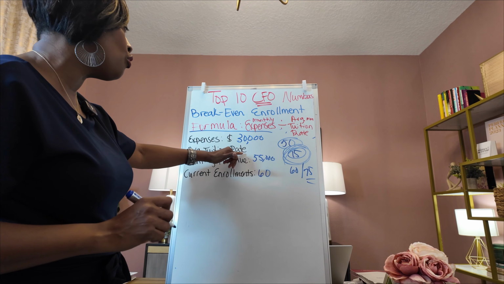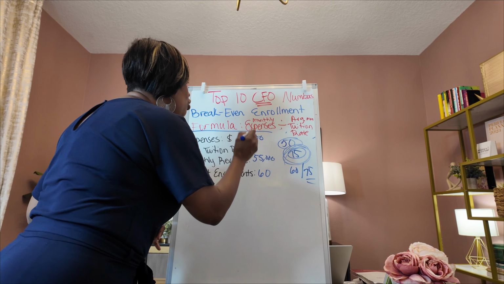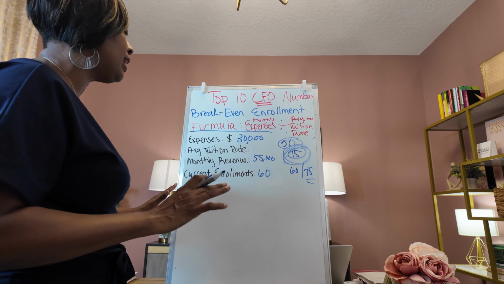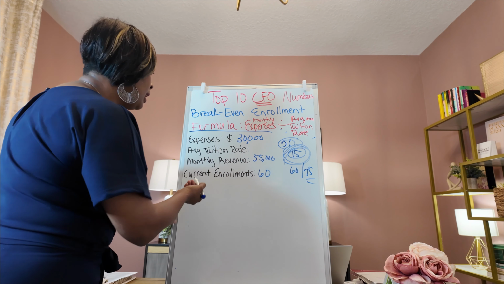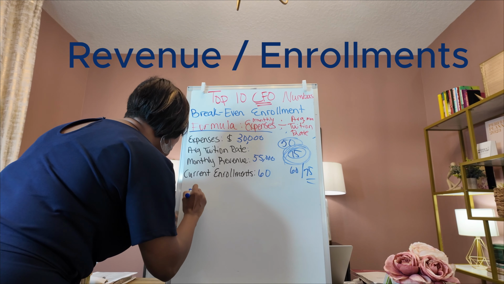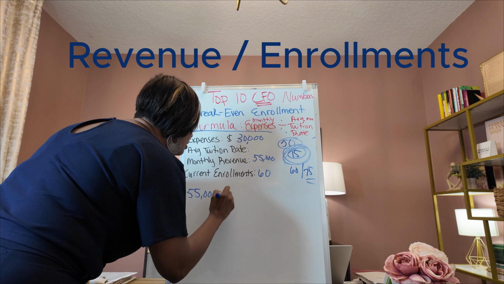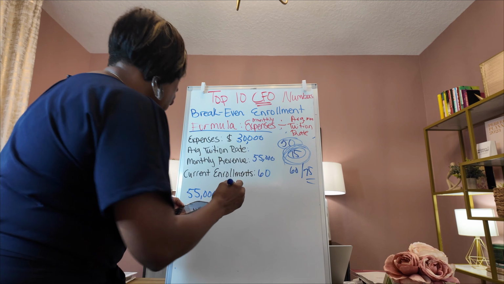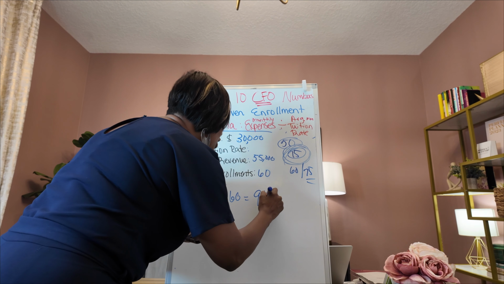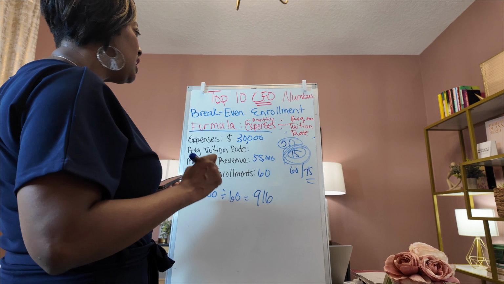What number we don't know yet is your average tuition rate. So we have to calculate that. How do I find out my average tuition rate? By pulling in my monthly revenue divided by my number of enrollments, which is 60, equals your average tuition rate is $916.